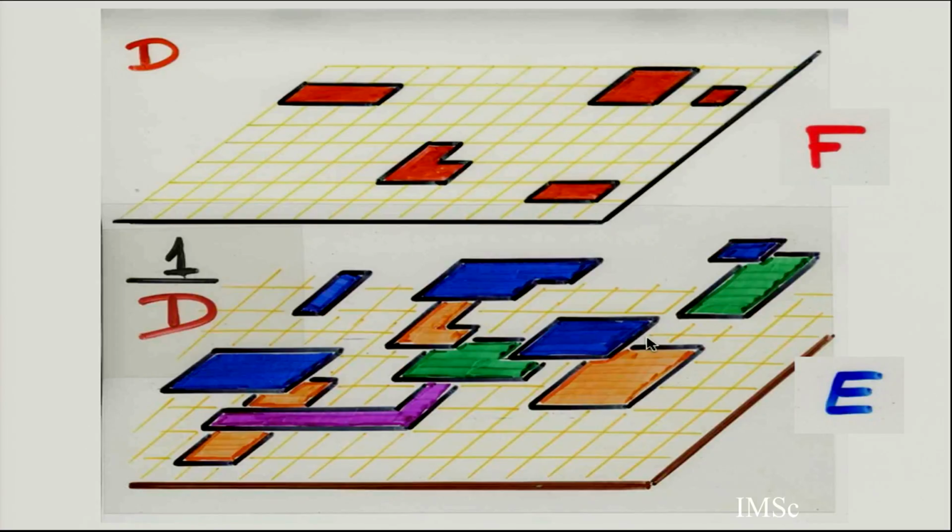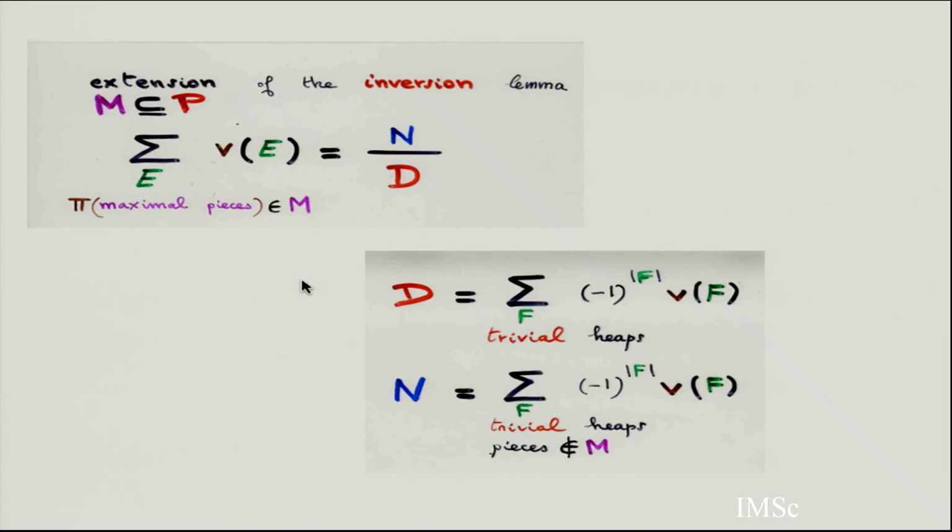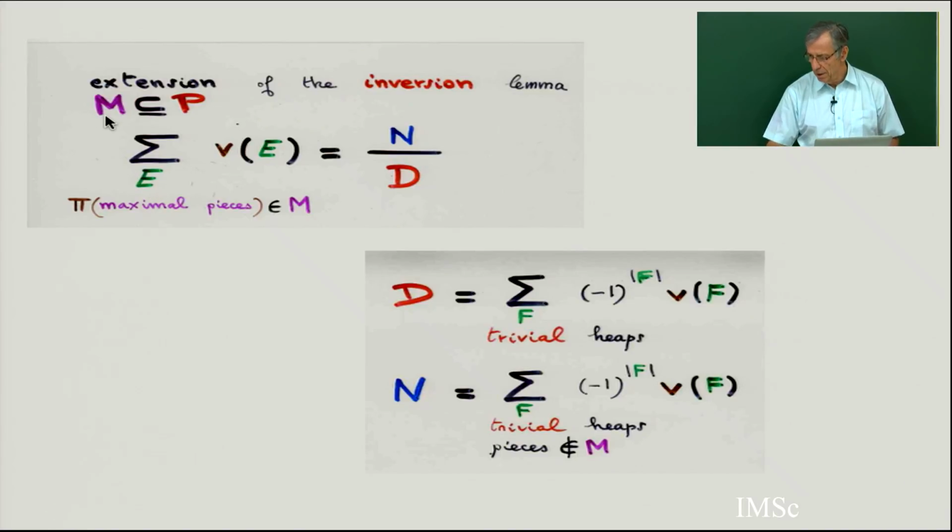Now we have an extension of this inversion lemma, which will be very useful for applications in different fields, especially in physics. In that extension, you take any subset M of the basic pieces, and I am interested in the heaps having this condition: if you take any maximal piece of the heap, the projection of this maximal piece is a basic piece, which must be in M. For example, a pyramid has only one maximal piece.